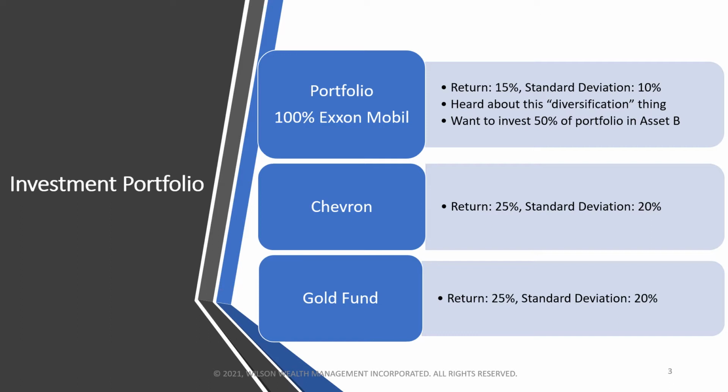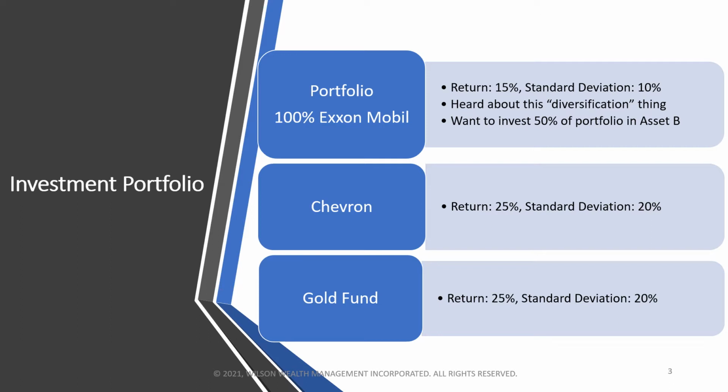The investor found two potential assets, both offering slightly higher returns than the 15% from Exxon. Chevron has a return of 25% and a standard deviation of 20%. More return, but also a bit more risk. There's also a gold fund that interests the investor.